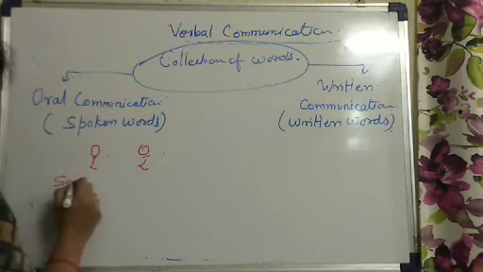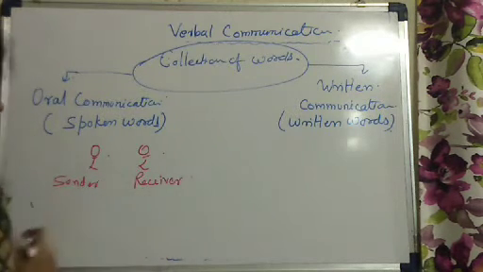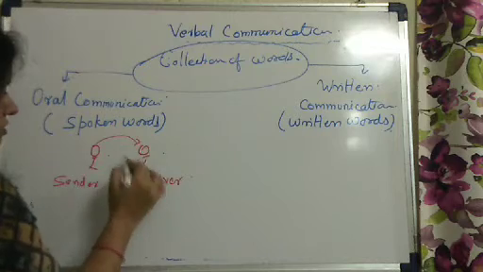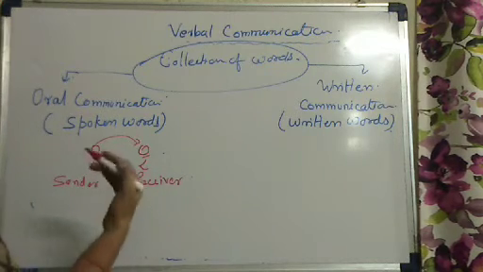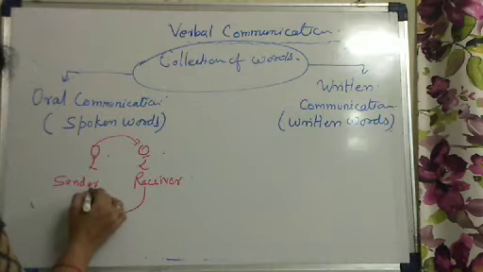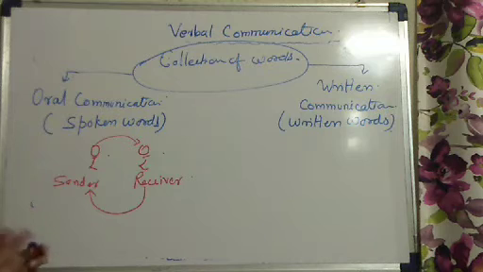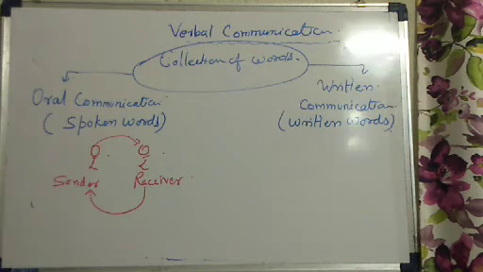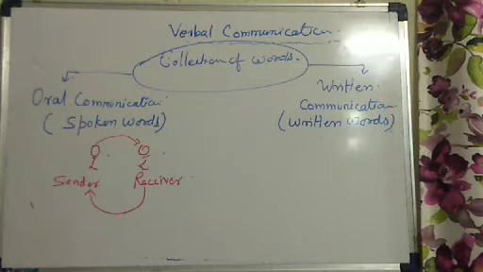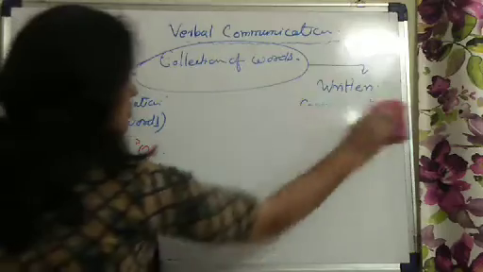There must be a sender and a receiver. The sender sends the information, and the receiver interprets it and sends feedback or a response back to the sender. This cycle goes on until the conversation ends. So how many ways can we have oral communication? It can be face to face.